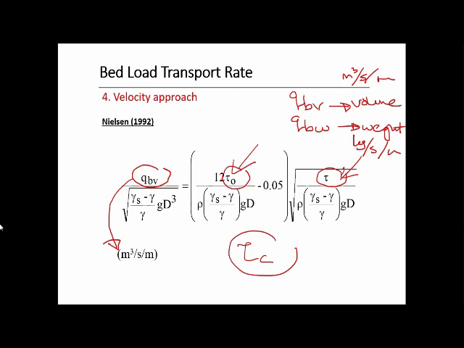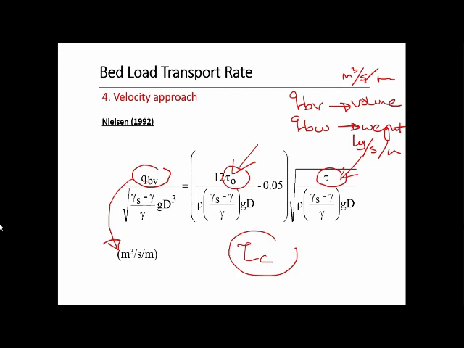I don't know, but I believe that along the way, as this equation was derived, there must have been some introduction to the velocity approach that was used by Nielsen before he came out with this final form equation. But don't worry too much about that. We are not going to learn the history of the equation.